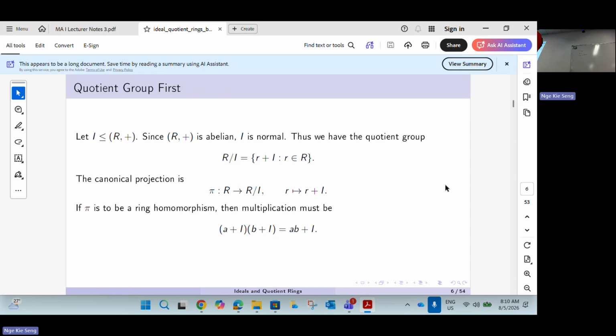For left and right, there is a big caution: if it is a right ideal, it cannot be used for the left. Since R is a commutative ring, r plus I equals I plus r. That one is true, but then a times I is in I, by the definition of ideal.